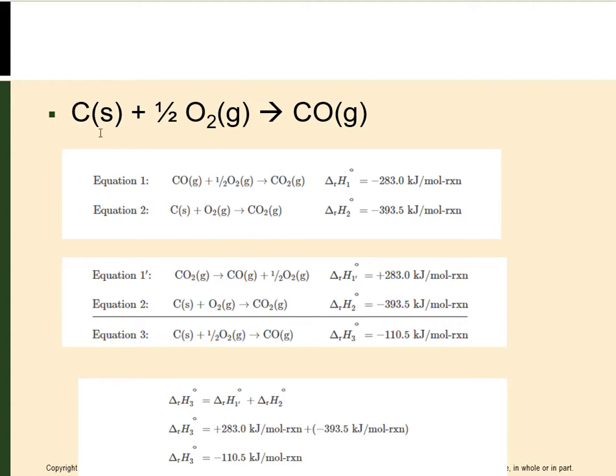So what we do know is that carbon monoxide plus half of O2 react to form CO2. And again, remember, when we have these delta H values, our enthalpy values of formation, it's to form 1 mole of our product.